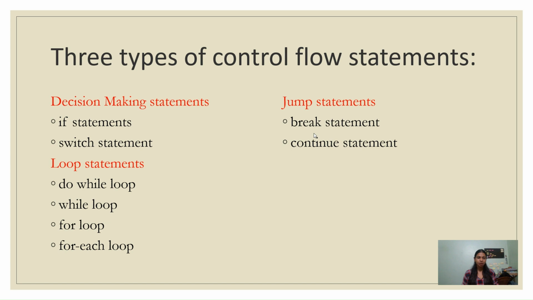When it comes to looping statements, we are going to extend the example. Let's say there is an invigilator standing in front of an exam hall and checking whether a student has his hall ticket or not. If the student has the hall ticket, he allows the student to enter the class. If not, then he is not allowed.